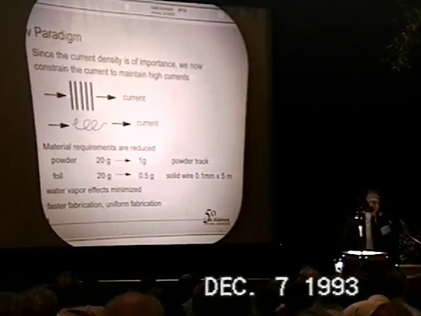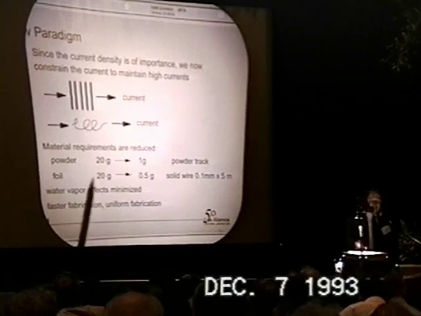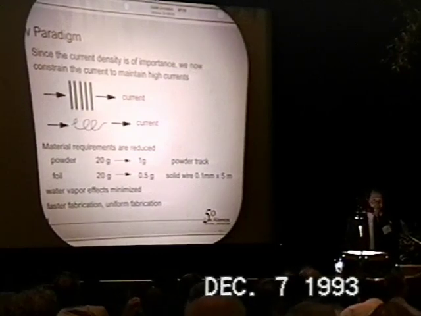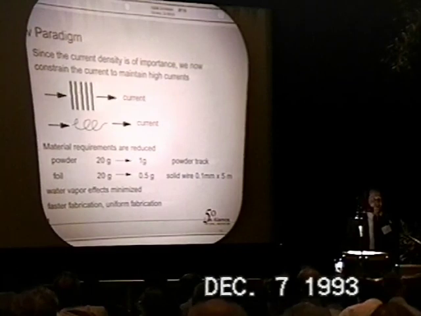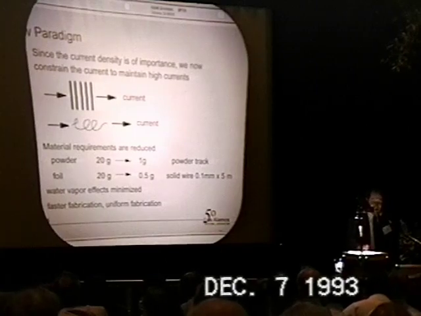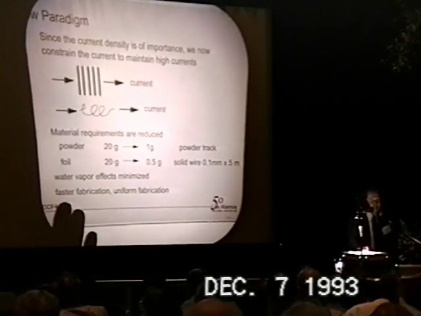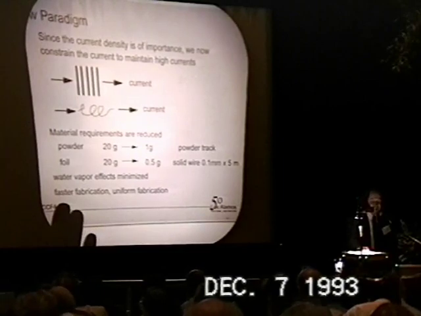It has several effects. One, it localizes the current. Two, it reduces the amount of palladium, which then reduces the amount of water that you introduce into the loop. It reduces that effect, if not eliminates it. Even better, we can fabricate them faster and to some degree more uniformly.